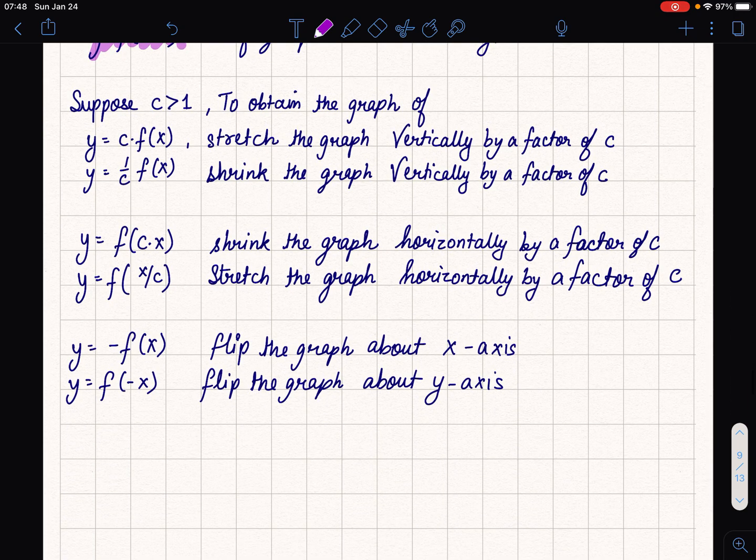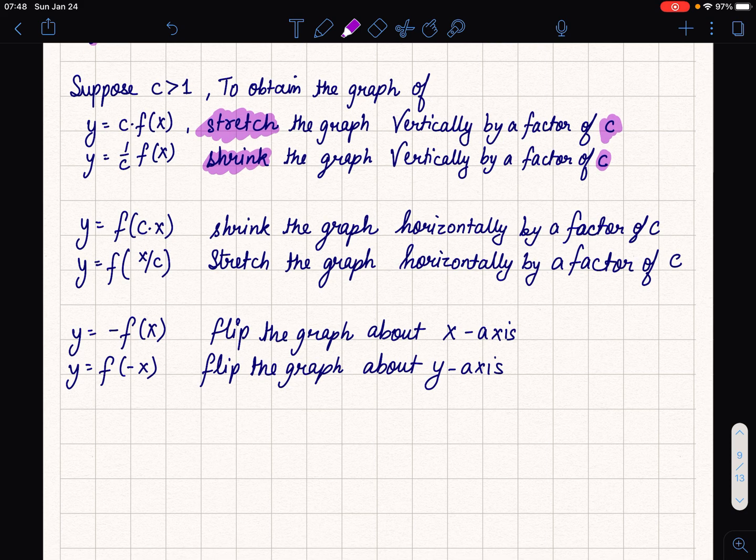Next comes stretching and skewing a graph. For c times f of x, where c is greater than 1, we stretch the graph by a vertical factor of c. For 1 over c times f of x, we shrink the graph by a vertical factor of c.